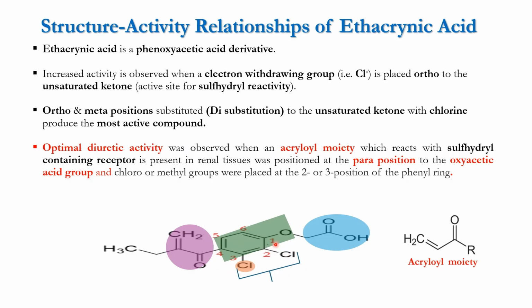This kind of arrangement on the ring system will bring the optimal diuretic activity. So in short, for optimal diuretic activity, the acrylyl moiety should be para to the oxyacetic acid attached to the benzene ring, and the ring must also contain either chloride or methyl groups at position 2 or position 3, with position 2 preferably chloride, because this is the one that can bind to the active site of the enzyme and bind with the sulfhydryl groups.